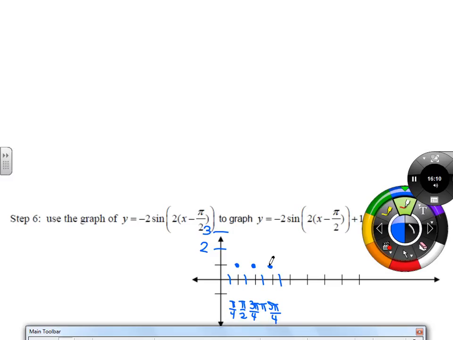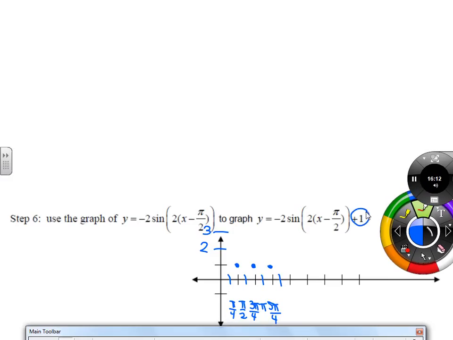Why? Because of this part of the equation right here. Is that all right? So every time we just add or subtract something on the end, we just shift up or down. Is that okay? Then in between these 2 points, because of our reflection and everything, there was a minimum, okay, and it was 2 below the axis. But now the axis is here, so 2 units below is going to be down here.